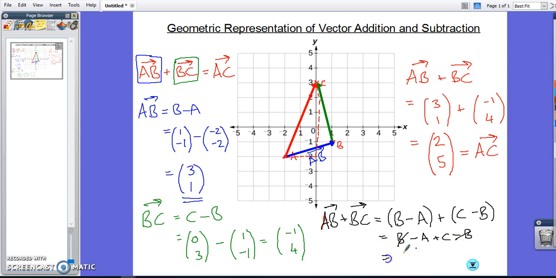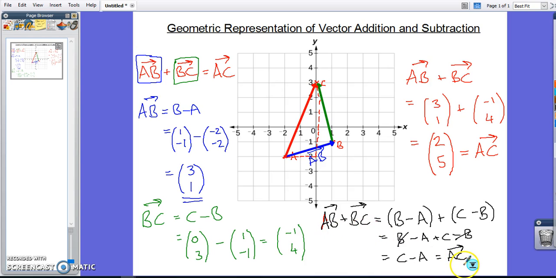And we get minus A plus C. And I can just change the order of those and write C minus A, which of course is the equation for figuring out the vector from A to C. So this always works. AB plus BC is equal to AC.